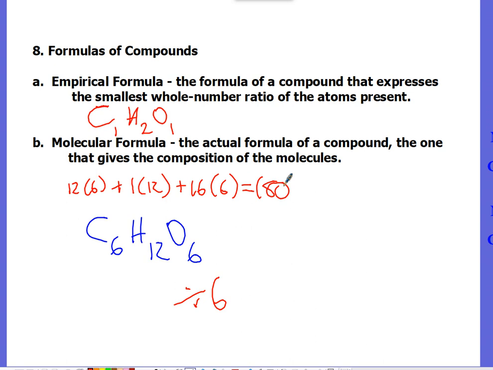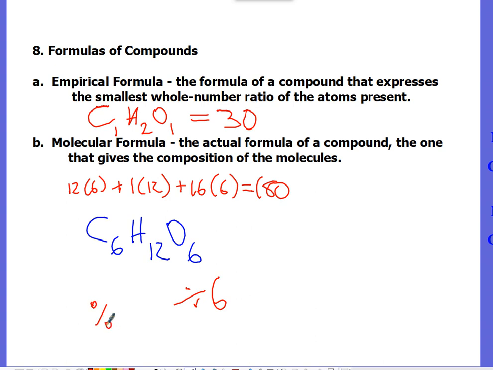The mass of this molecule would be 30, because what's 180 divided by 6? 30. But it's the same elements, and it's actually the same mass ratio. It would be 12 times 1, 1 times 2, 16 times 1, adding up to 30, but the percentages would be the same.